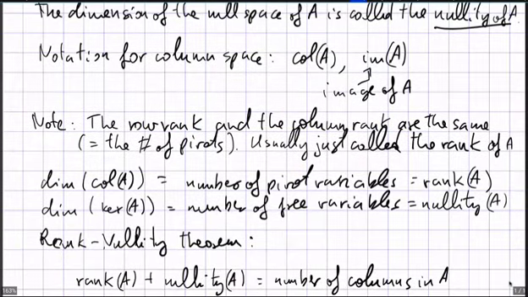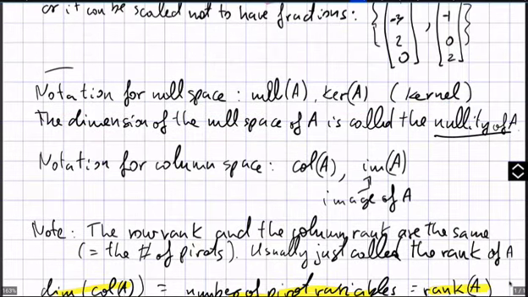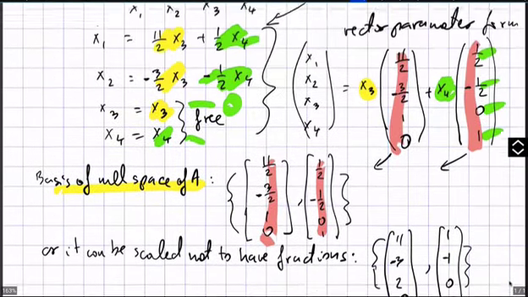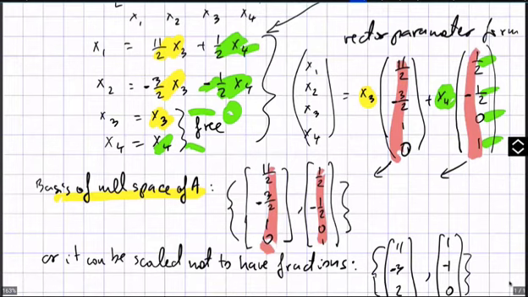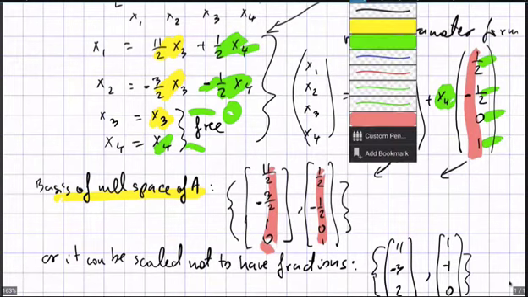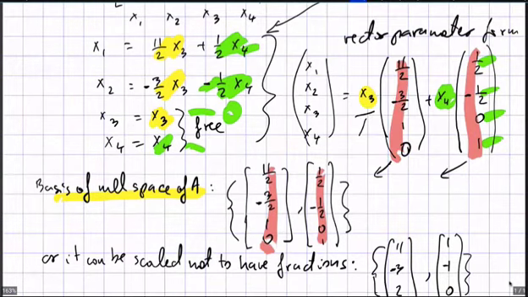Also notice that the dimension of the column space of A and also the row space of A is the number of pivot variables. So this is the rank of A, the number of pivots. The dimension of the kernel is coming from the solution to the homogeneous system, and when we have the vector parameter form, we factor out the free variables.